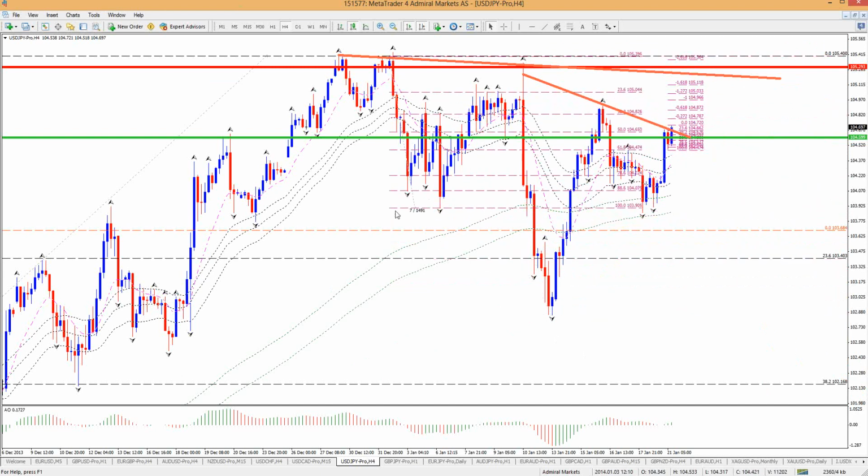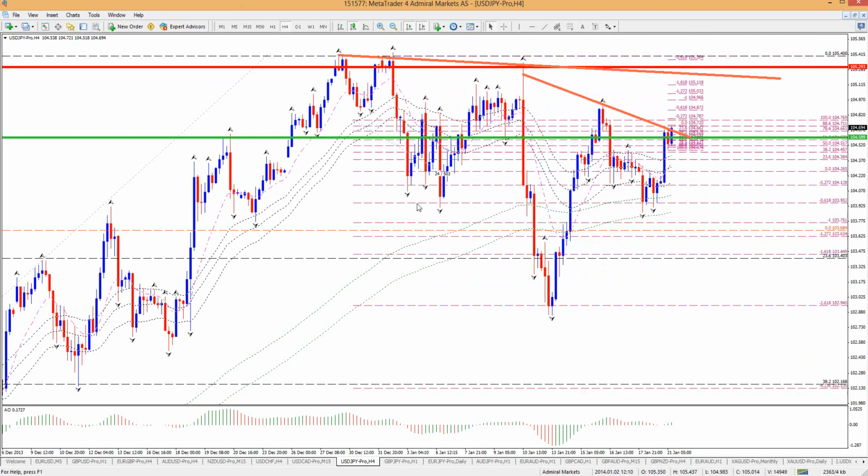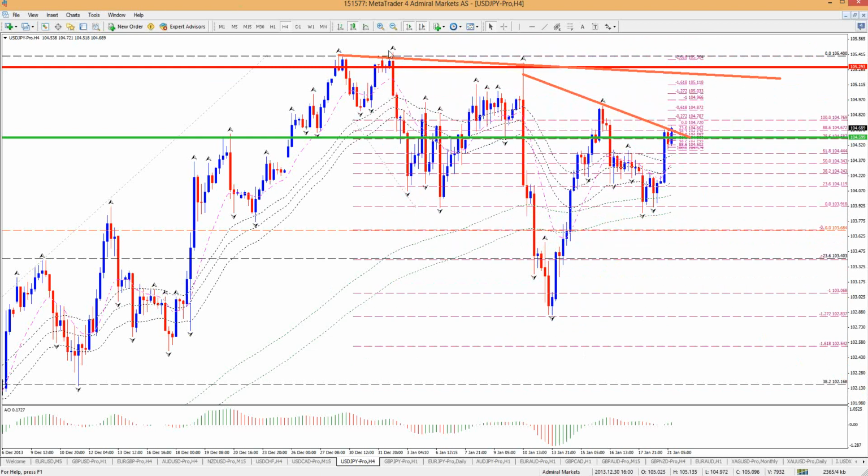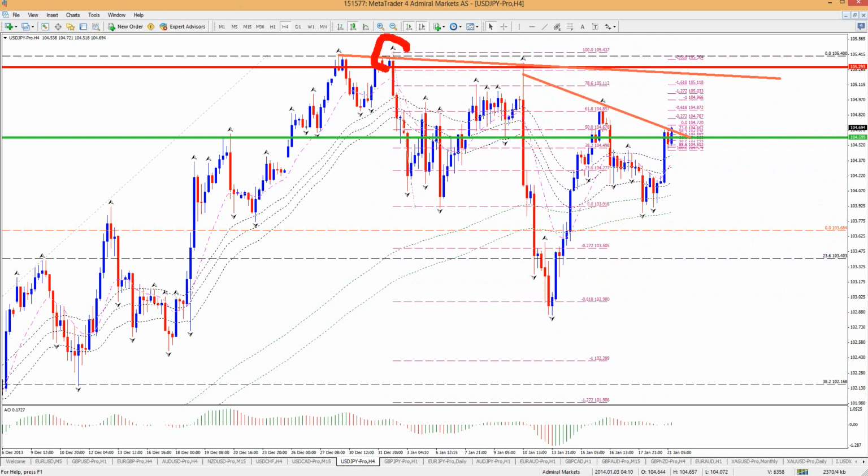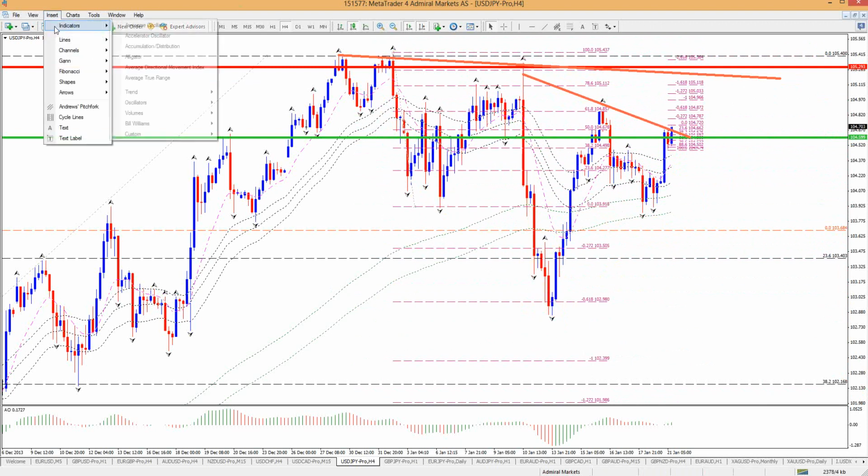If we look at this fib, we also see something else. Look at this. We also see the price indeed going to that minus 618 target. And that's the fib of this move down to here, up to the 886, and then down to the minus 618. So that was probably another reason. Ichimoku, I can imagine. Let's add that.